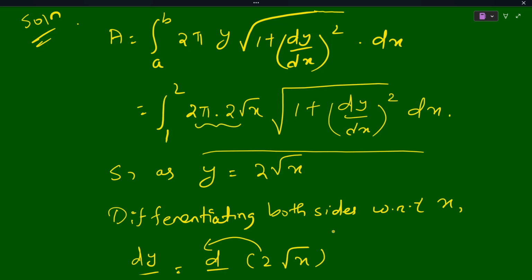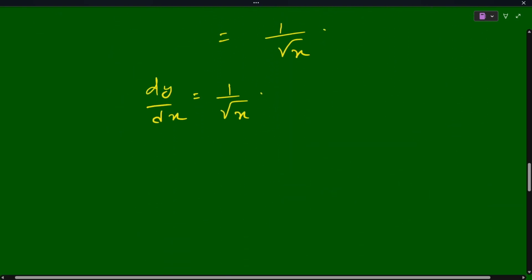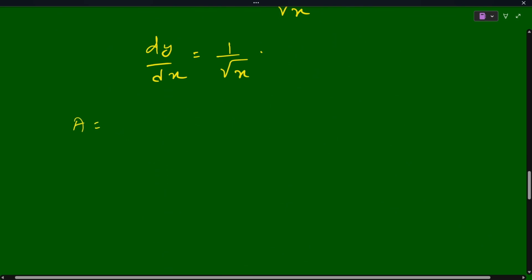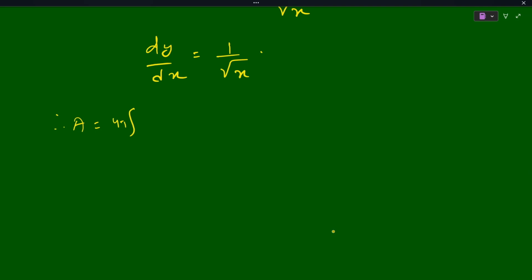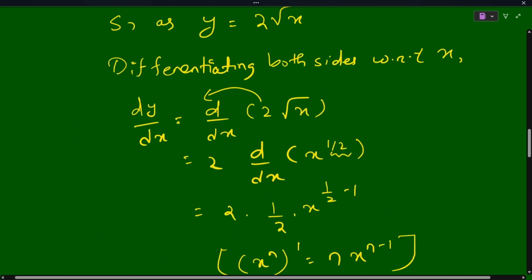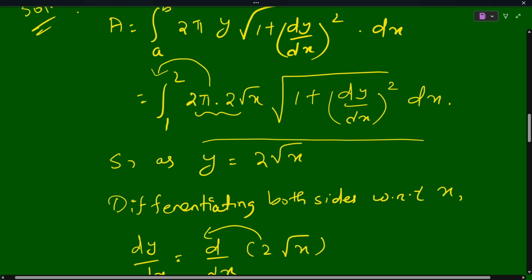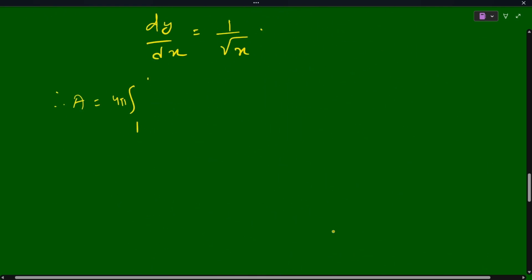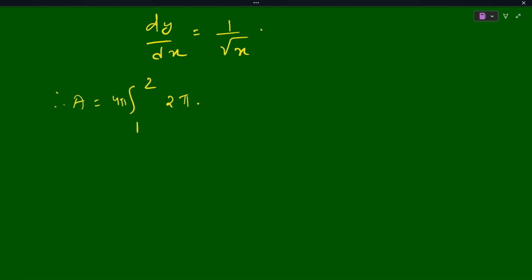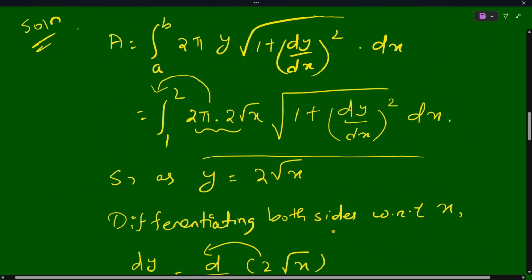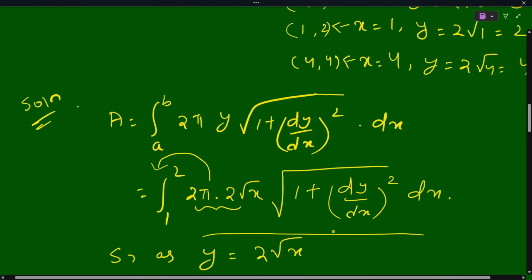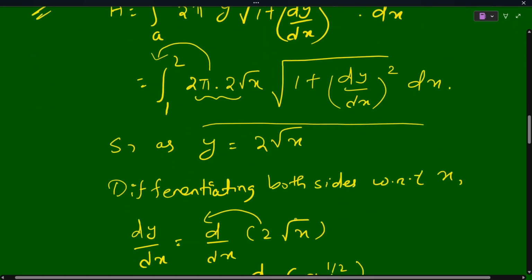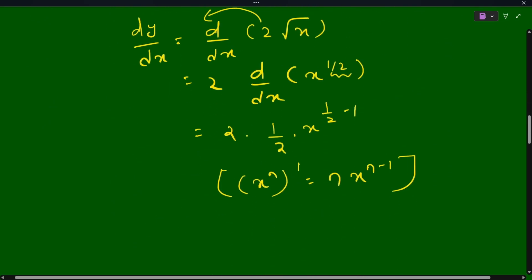See, now this 2 pi into 2 is a constant term, so it will go outside of the integration. So I'm taking 4 pi to the outside. Now the integration limits are from 1 to 2. Then the value of y. Sorry, I have rewritten this 2 pi. The y value is 2 root x, right?